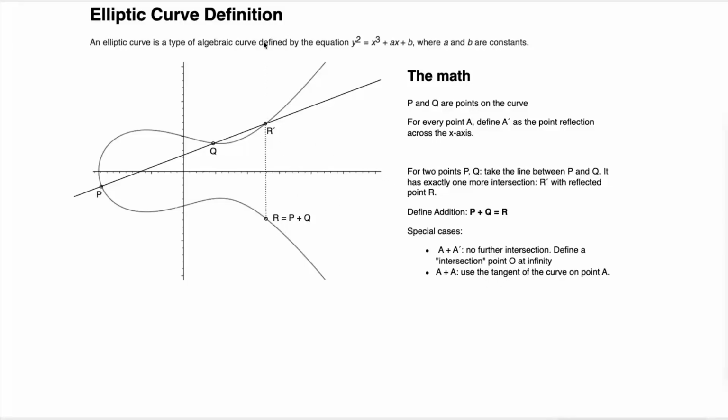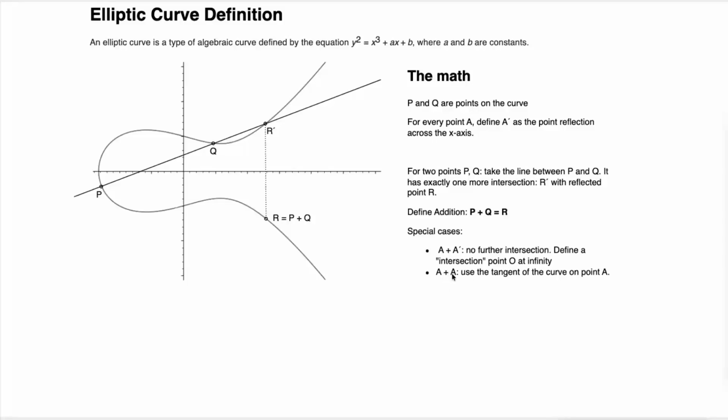So this line would go up to infinity, and in some weird way it makes sense for mathematicians to say 2 parallel lines intersect at infinity. So wherever you draw a straight line parallel to the y-axis, they all, in this definition, intersect at infinity. And this point at infinity is called O, and this is the third intersection then.